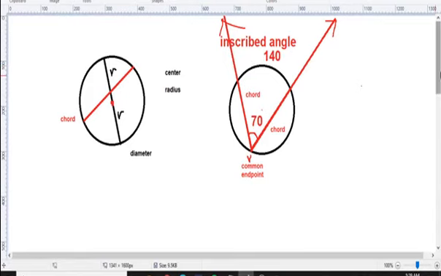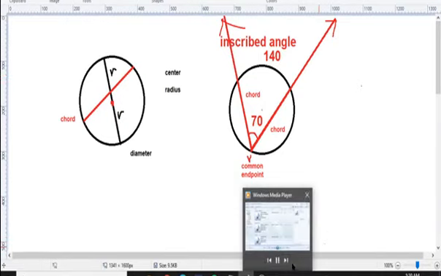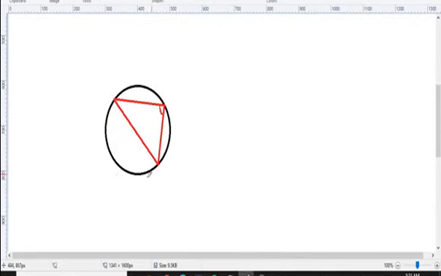What is the measure of an inscribed angle whose intercepted arc is a semicircle? Of course, its measure has to be one half of 180.